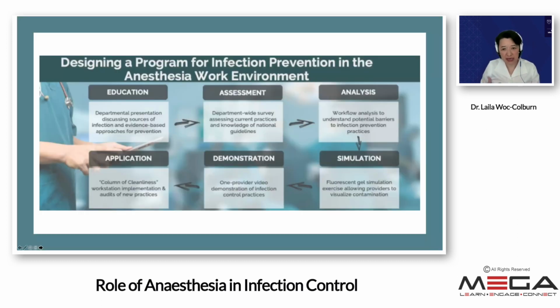So when you design an infection prevention program for the work area, we look at different things. One is education, we do webinars like this, but also simulations, looking at areas where infection is maximized and how we can minimize those areas. Assess, looking at the current practice and the guidelines.